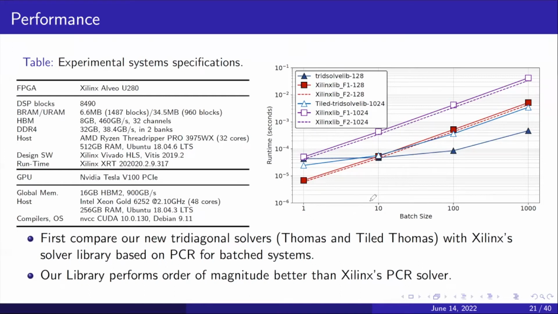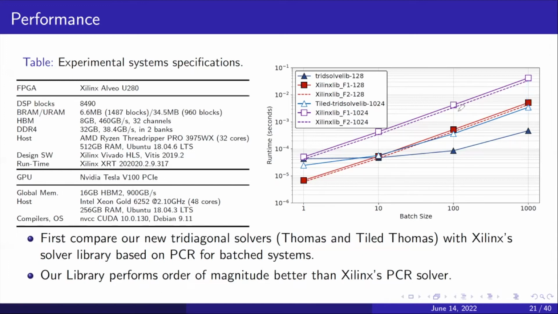We compare batch sizes from 1 to 1000, and we compare system sizes 128 and 1024. For 1024, we are using the tiled Thomas algorithm. We can see that for smaller batch sizes, the Xilinx PCR is relatively better than our library, but for larger batch sizes, our library performs over one order of magnitude better than the Xilinx PCR library for both 128 and 1024 cases as well.